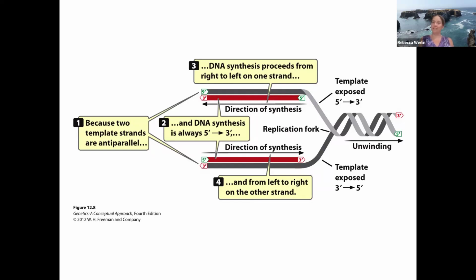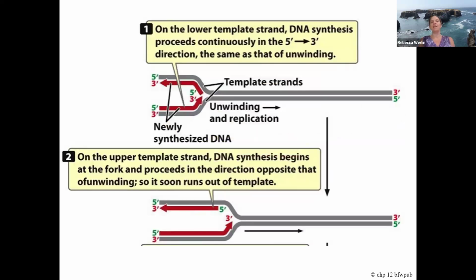And the other strand, as you unwind and open up and separate those strands, is made discontinuously. And so this will show you how it works. As you unwind, you can see that the bottom red arrow can extend through as you do unwinding and replication. However, the top, as you can see, you've already replicated the exposed DNA.